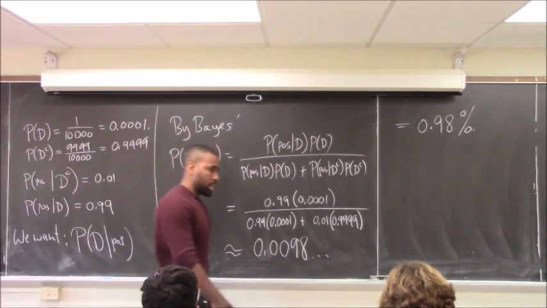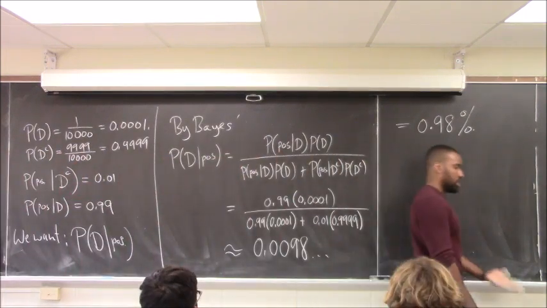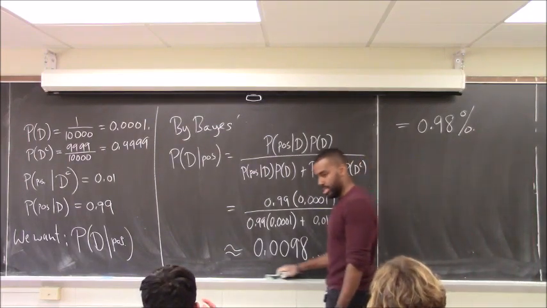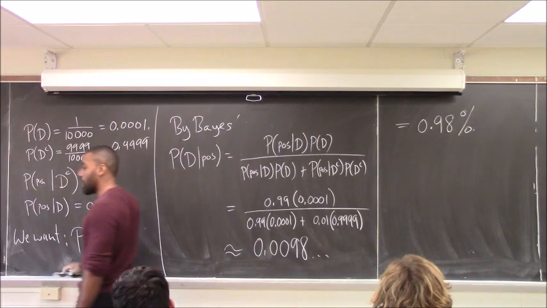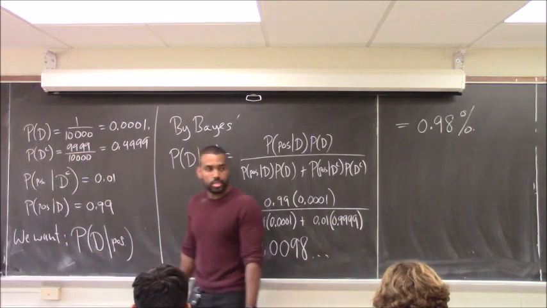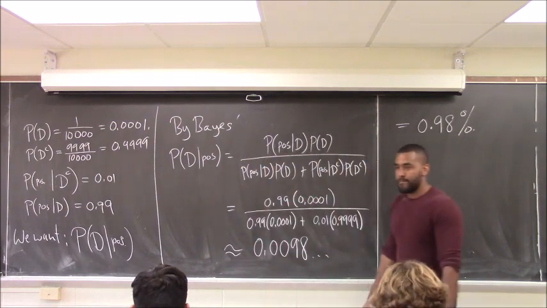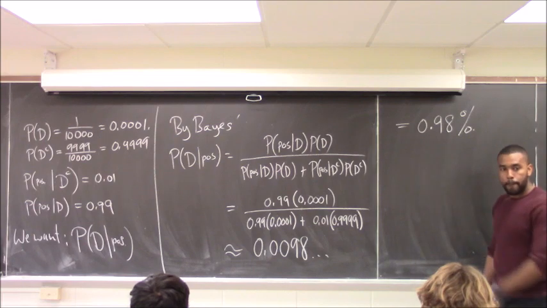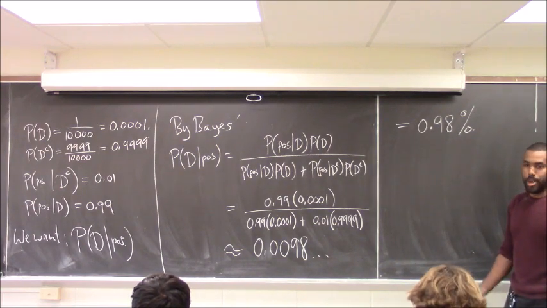Now at first this might seem counterintuitive, but then you can start to think about it. 1 in 10,000 people have this disease. The test gets it wrong 1% of the time. What does that mean? How many times would it get it wrong? 1% of 10,000, right? Which is 100.